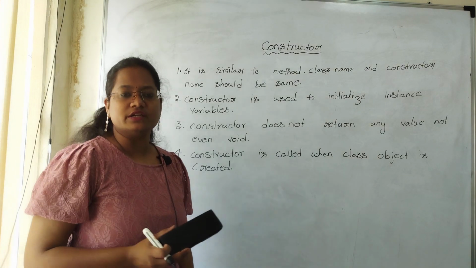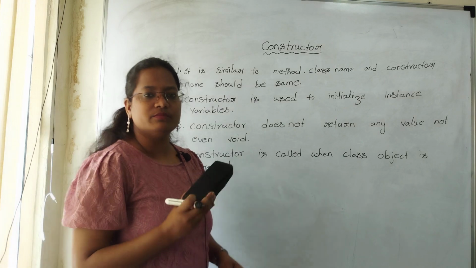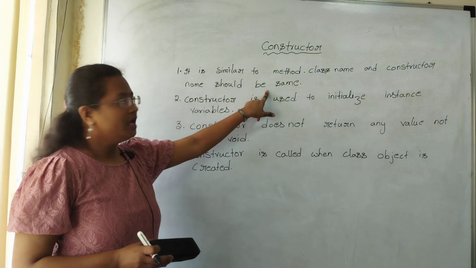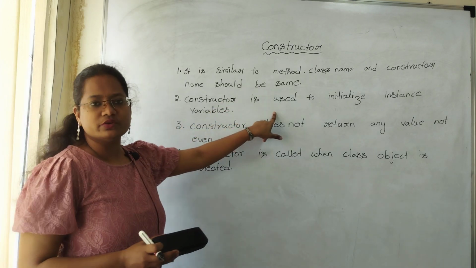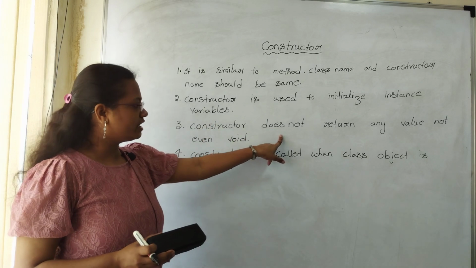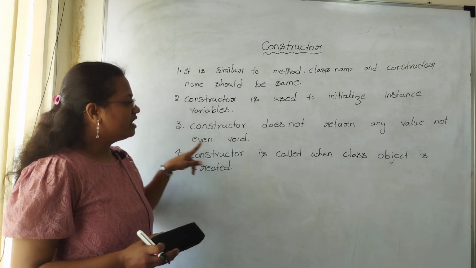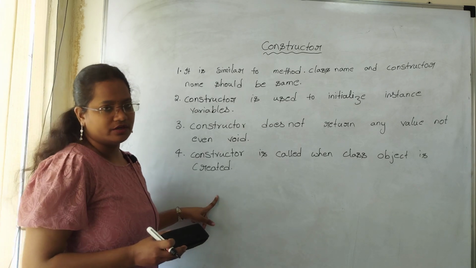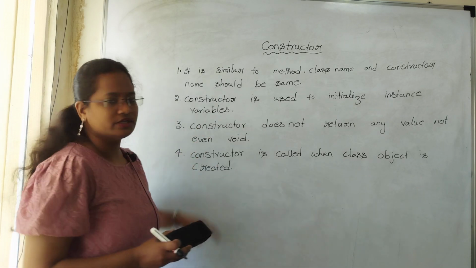So what is a constructor? A constructor is similar to a method. Constructor name and class name should be the same. A constructor is used to initialize instance variables. A constructor does not return any value, not even void. A constructor is called when a class object is created. So this is all about the constructor.